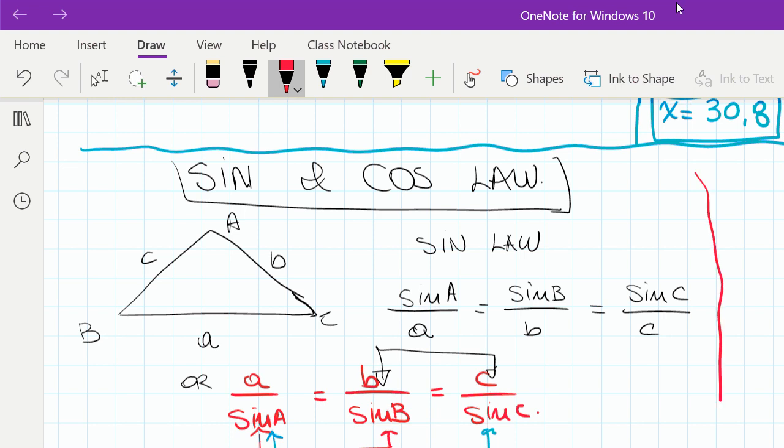And the cosine law is, again, for a non-right angle triangle.